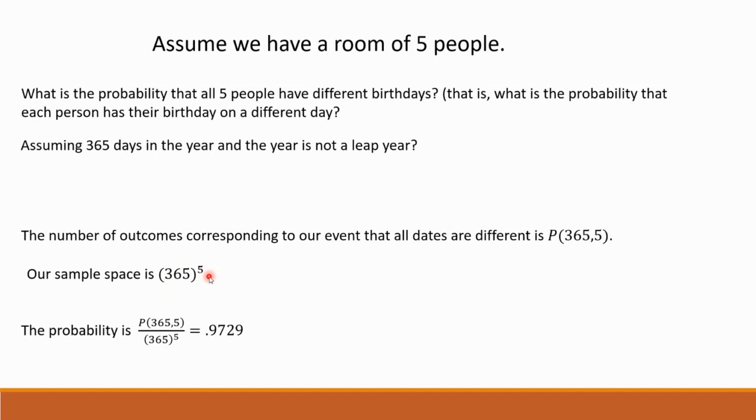So it's just the basic counting rule we're using here. And again, we want to know what's the probability they are all different. In other words, order, as I showed earlier, does matter. Clearly, we can't have repetition. That's what we don't want to happen. So thus, we have permutations.